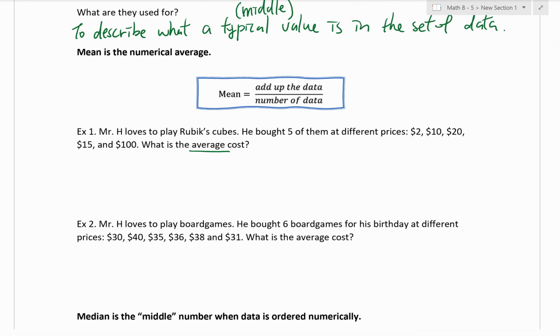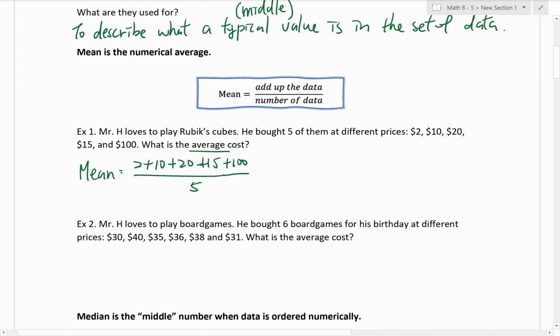So we add up all the data: 2, 10, 20, 15, and 100. We have 5 cubes in total, so we divide by 5.